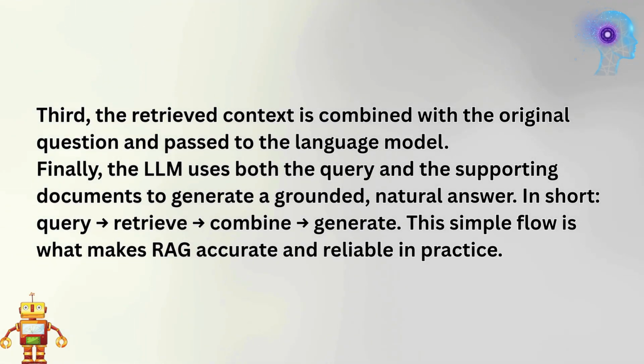Third, the retrieved context is combined with the original question and passed to the language model. Finally, the LLM uses both the query and the supporting documents to generate a grounded, natural answer. In short, query, retrieve, combine, generate. This simple flow is what makes RAG accurate and reliable in practice.